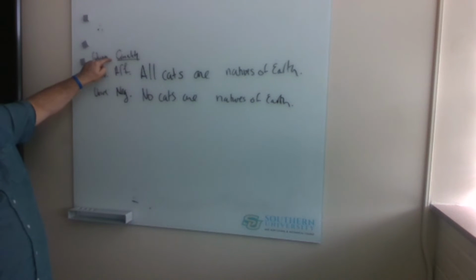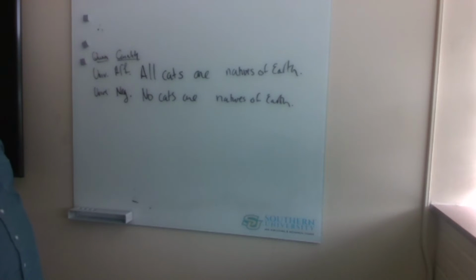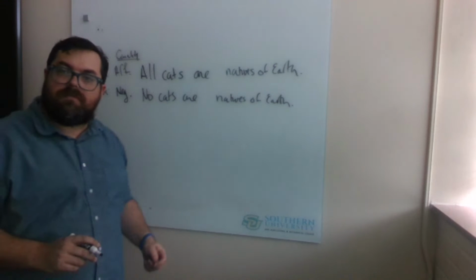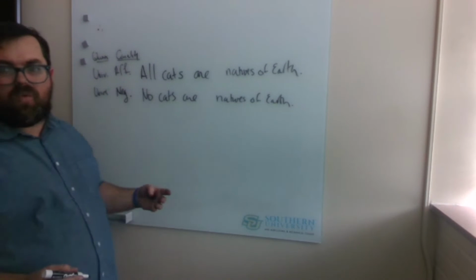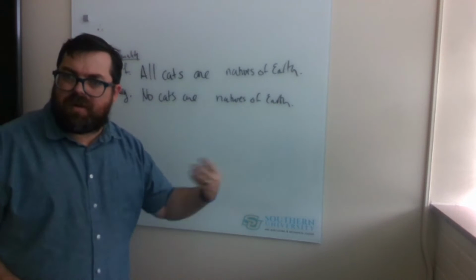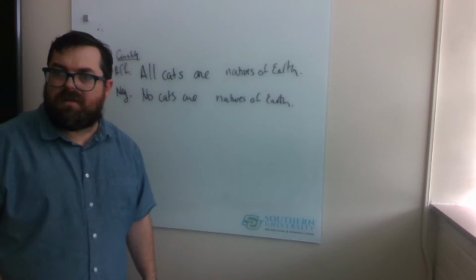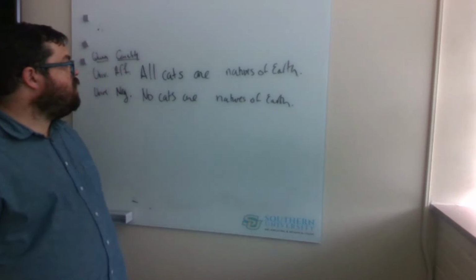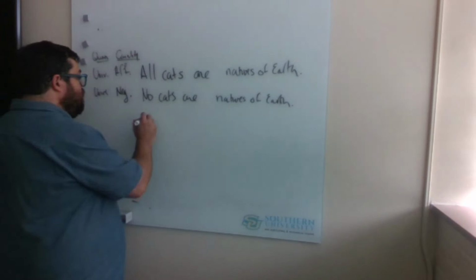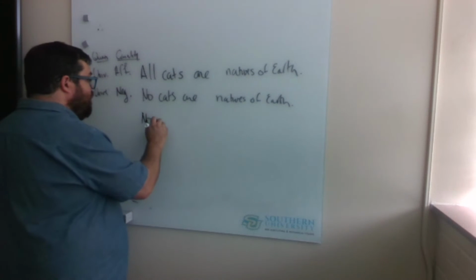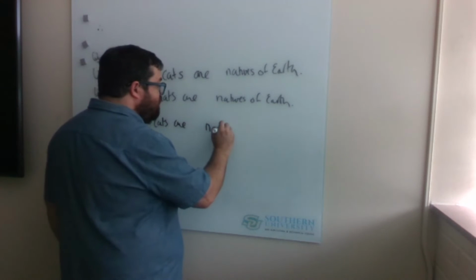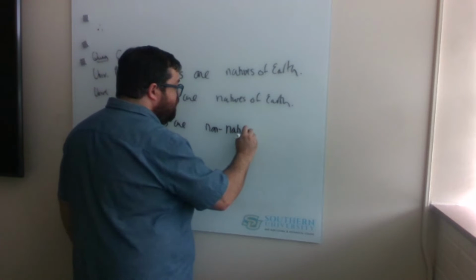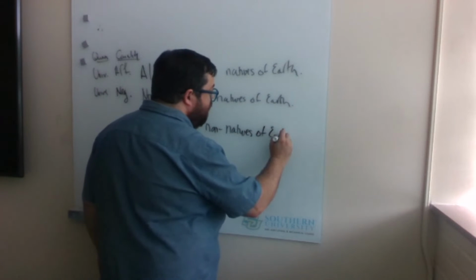Now, we also have to add the word non to the predicate term. What does that mean? Well, that means just adding the word non to whatever the predicate term might be. So no cats are non-natives of Earth.